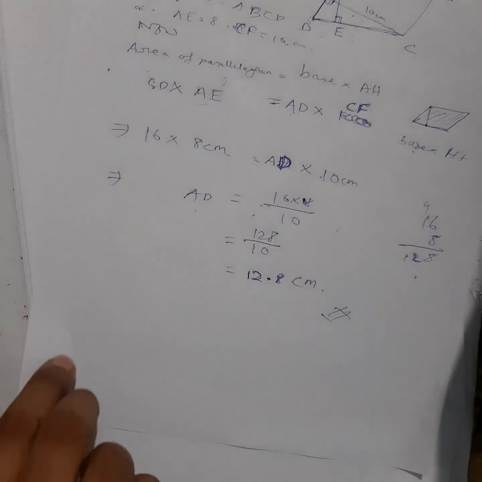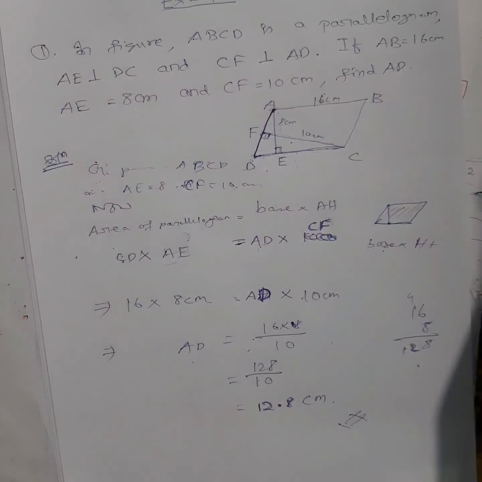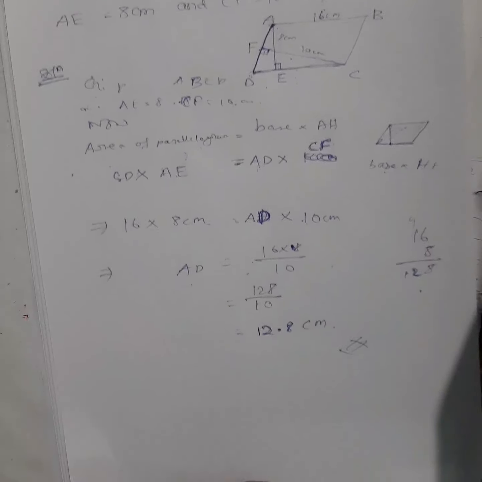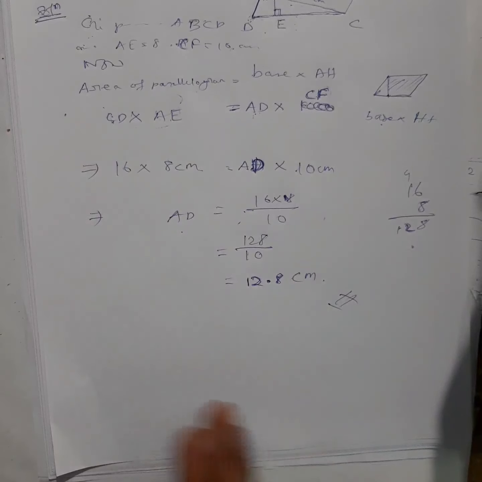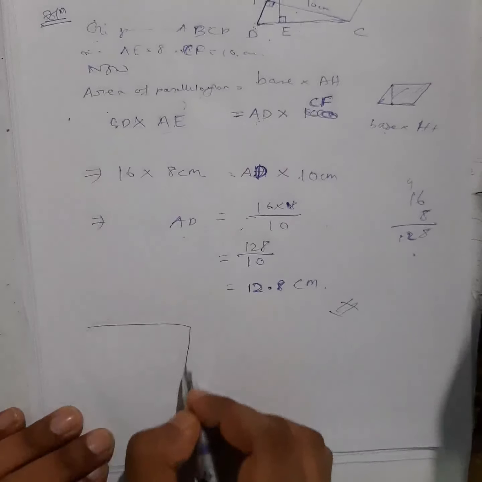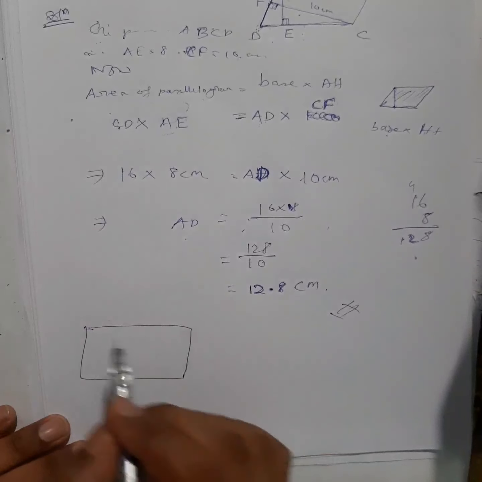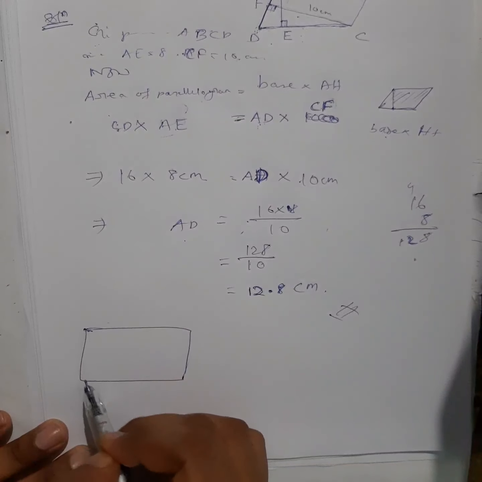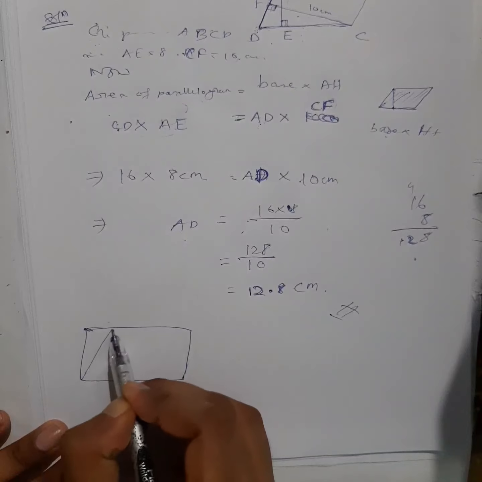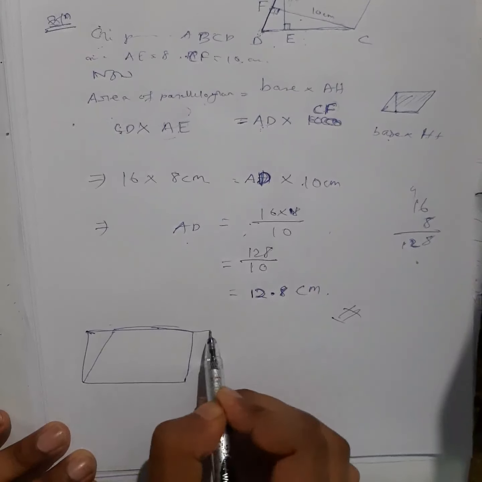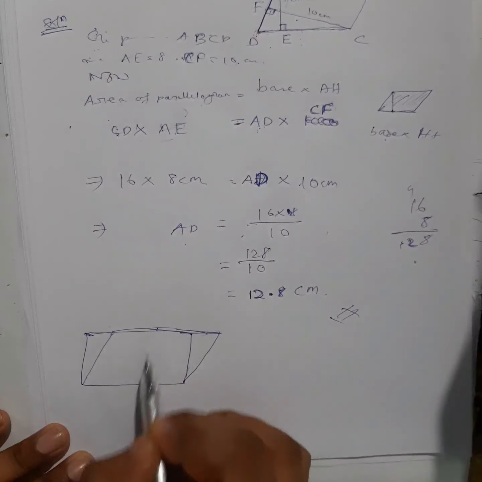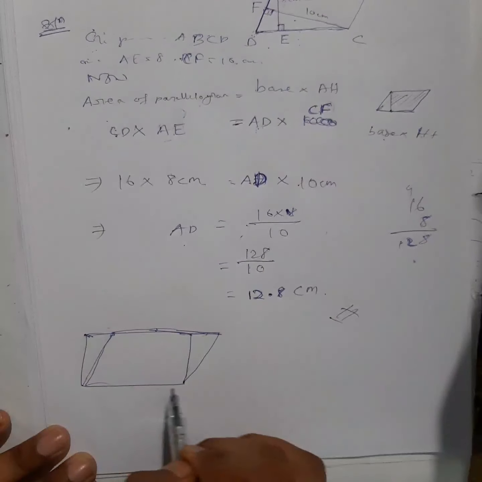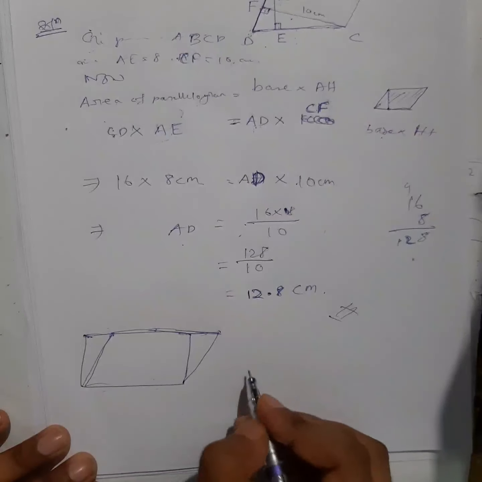For your question number 2, we will need one more theorem which is not given in your textbook. I thought that kind of question would not be there, but in your exercise there is a question based on it. The first theorem we studied was that if you have two parallelograms lying on the same base and between the same parallel lines, then the areas of the two parallelograms will be equal.